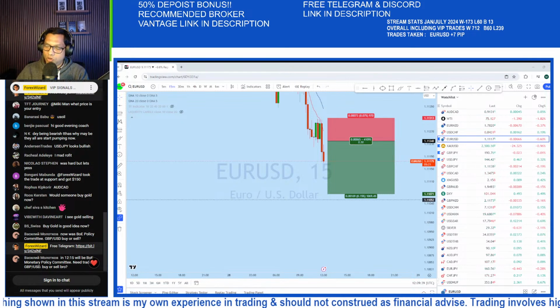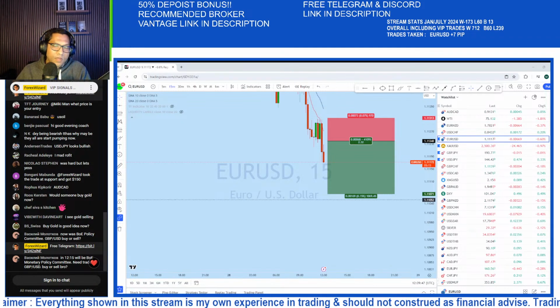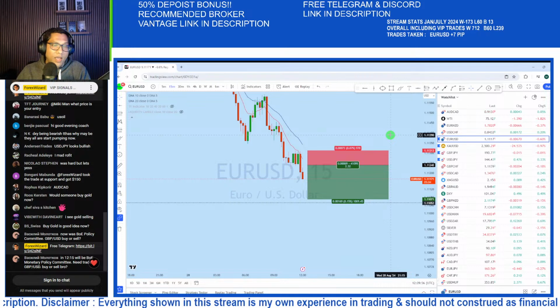Okay, so not too many pairs, not too few pairs, in between. Then we have an understanding of the pairs, and at the same time we have more choice, because you'll see that some instruments will have a very nice looking trend, some may not.